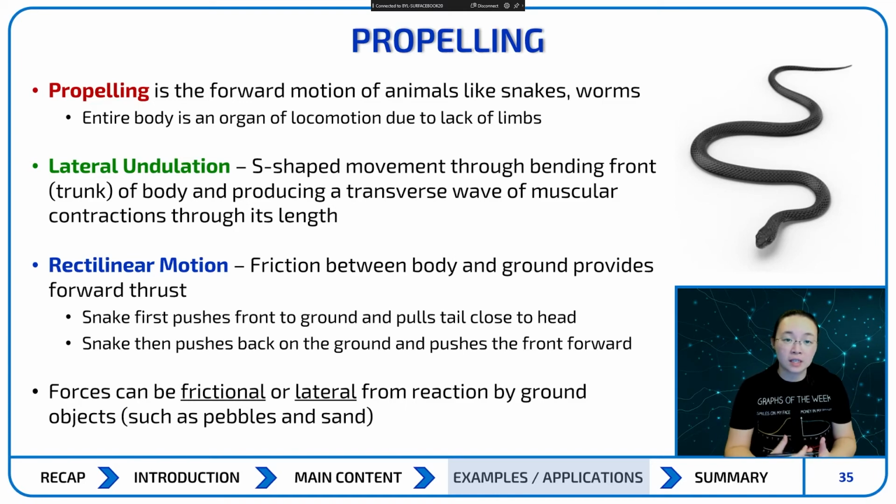So it's compressing the latter half of its body towards the front. After that, it's going to plant the latter half of the body onto the ground with some force and then launch the first half of its body forward. So that's the rectilinear motion. It's more linear because you're stepping forward each time.